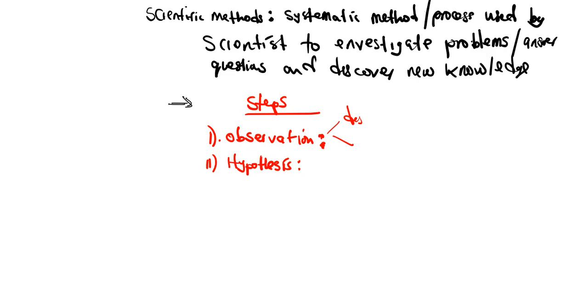So let me just define this. Testable, like something that you are going to test, a testable and educated guess. It must be educated, the guess that you are making. So an educated guess about what you think will happen.